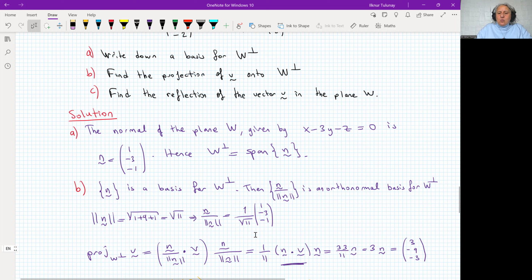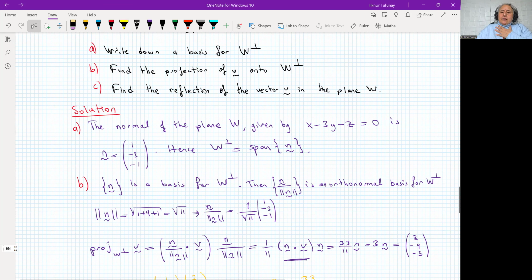This is the orthonormal basis element, dot product with the vector, and the linear combination of the orthonormal basis, so that's the formula that I showed. You have 1 over root 11 from this vector and 1 over root 11 from this vector, so when you multiply together, we have 1 over 11. Then we have n dot product v, which is a scalar, and n, which is the vector.